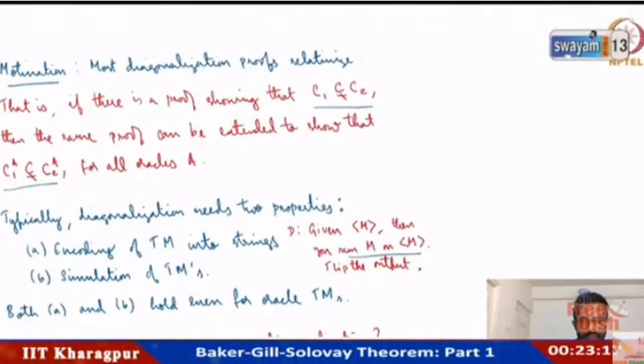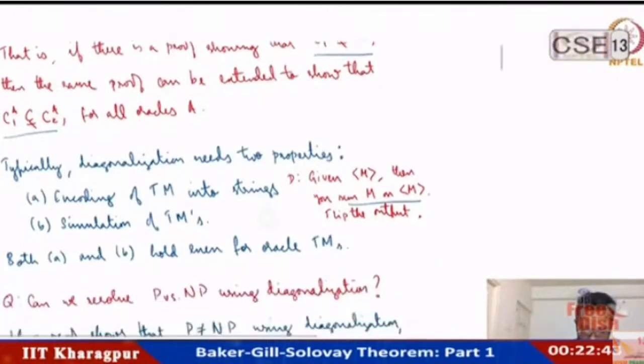So if there is a proof that says a complexity class C1 is contained in complexity class C2, you can use the same proof using diagonalization to show that C1 to the oracle A is contained in C2 to the oracle A. If it says that C1 is not contained in C2, then again the same proof works to show that C1 to the A is not contained in C2 to the A. So whatever you say between C1 and C2, it relativizes, meaning it can be said for C1 to the A and C2 to the A.